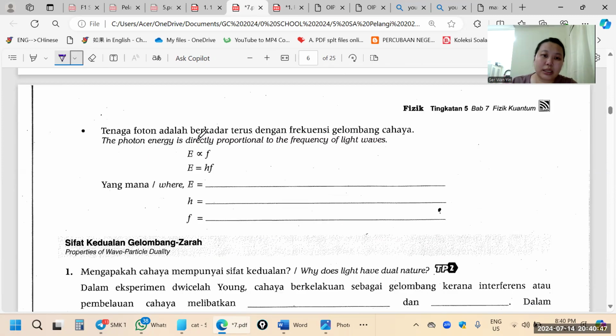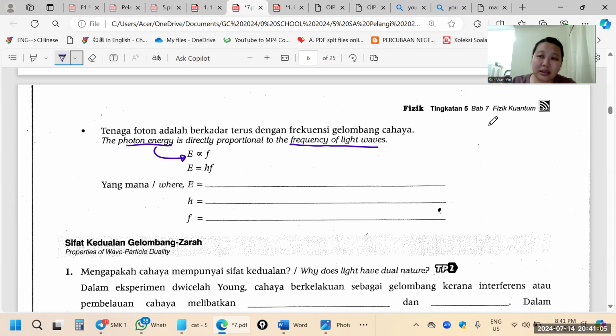The formula is, we say E is directly proportional to f, the frequency. E is the photon energy, meaning energy packet, directly proportional to the frequency of the light wave.